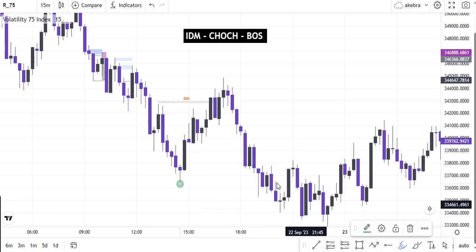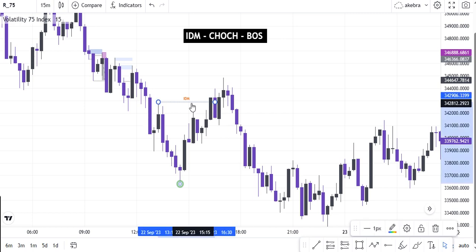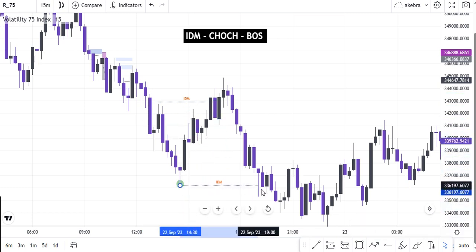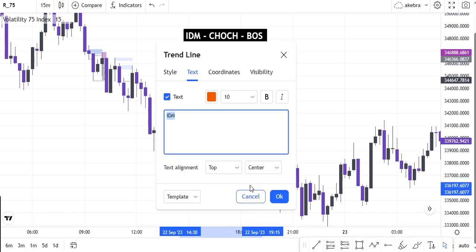And then from the inducement, the next thing we see, this becomes what? Your break of structure. I'll just label that quickly. Break of structure, we call it BOS for short.